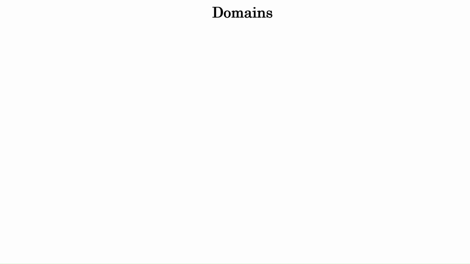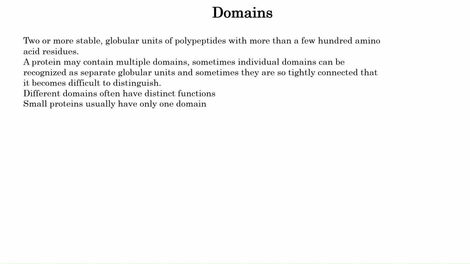Now what are domains? A single protein can be made up of multiple domains and each domain can function independently and their function can be different. Therefore, a domain is also a kind of motif, but domain means the functional subunit or the functional polypeptide of a protein. So what are domains?